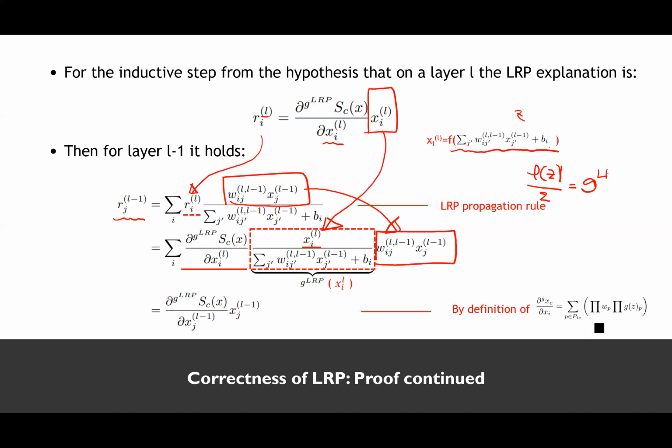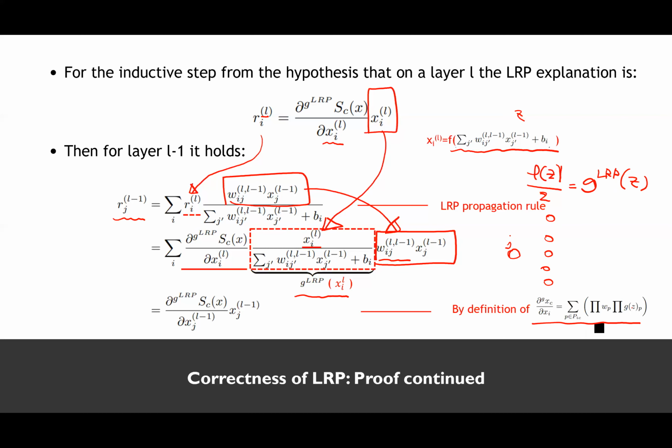g LRP, z, right? In that sense, we can also rewrite this equation as g LRP times W_ij. So we can say this is j's node and these are i's node.